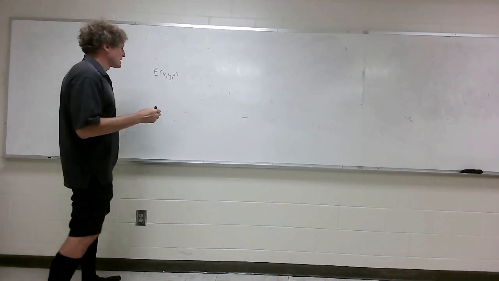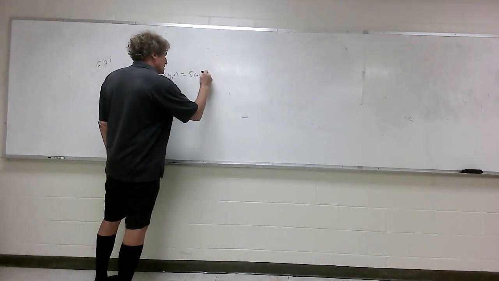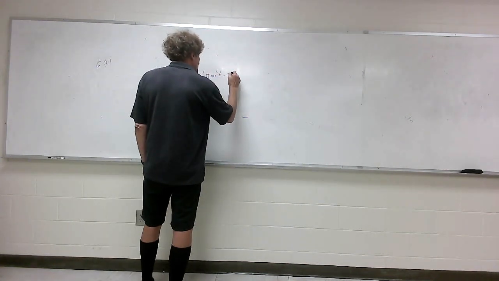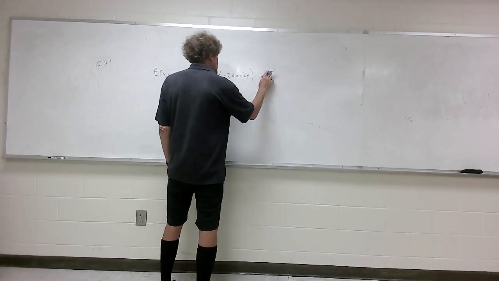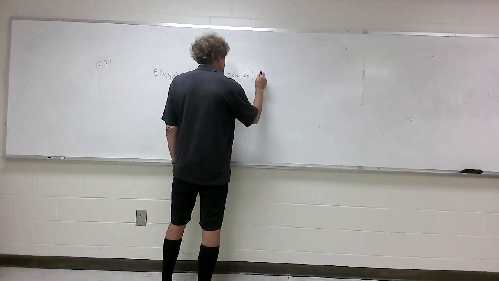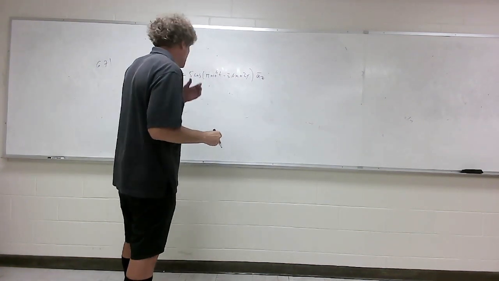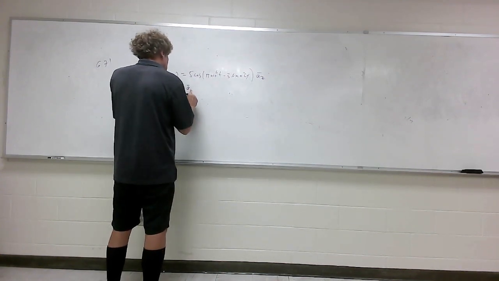That means it's a function of x, y, and t. It equals 5 cosine of pi times 10 to the 6th t minus 3.0 x plus 2y, in the az direction. Find the direction of propagation, and then find the H field as a function.